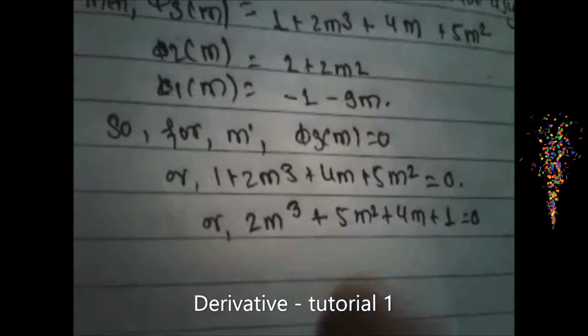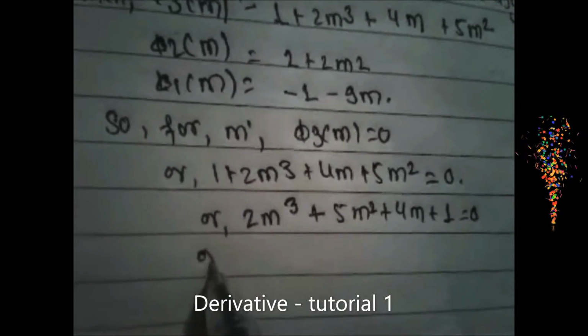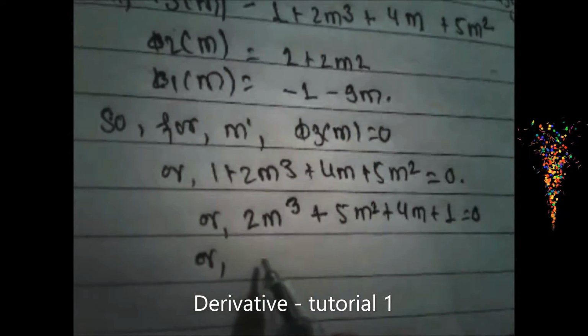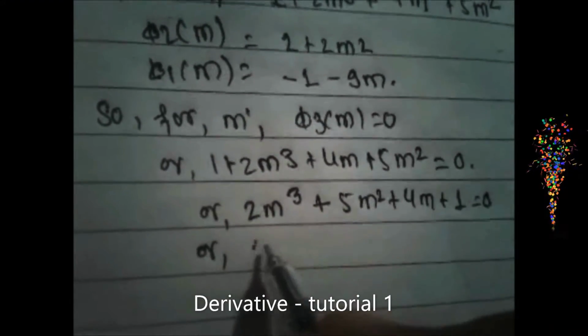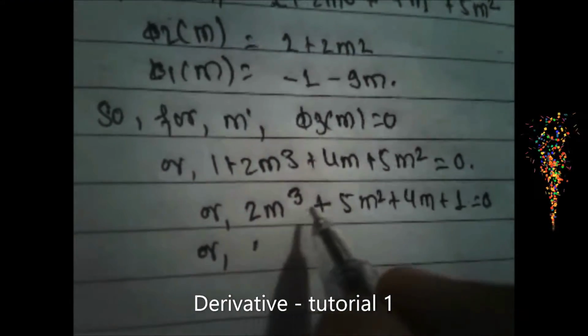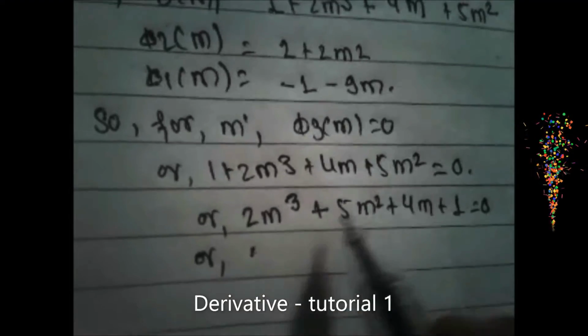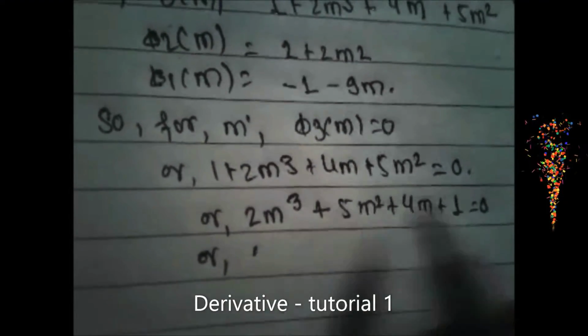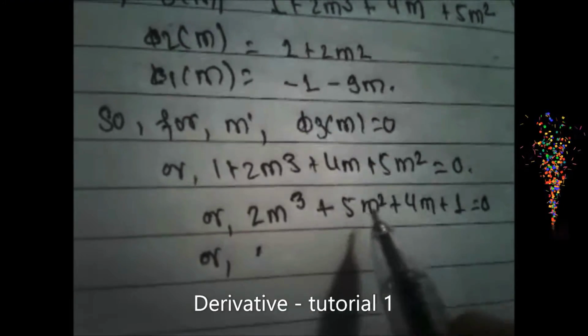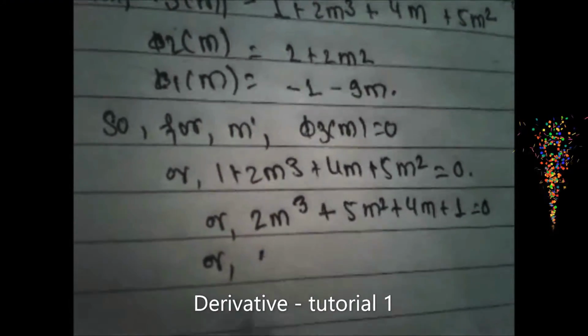Now you have to solve the equation. How can you solve? Put the value plus 1. When we put plus 1, it will not solve, because we simply see all are positive, so it will only add up.